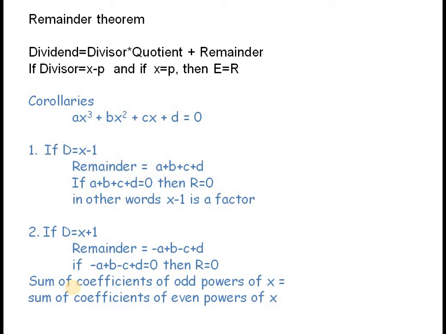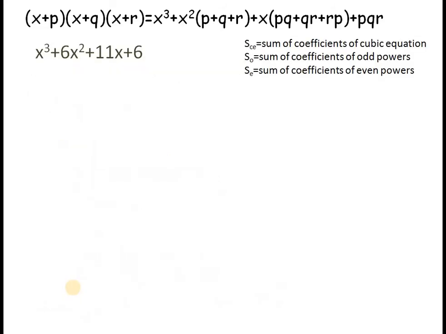So whenever you see a cubic equation and you observe that the sum of coefficients of odd powers of x is equal to the sum of coefficients of even powers of x, then it automatically indicates that x plus 1 is a factor of it. So we just have to remember both of these, as these are very helpful in upcoming problems.